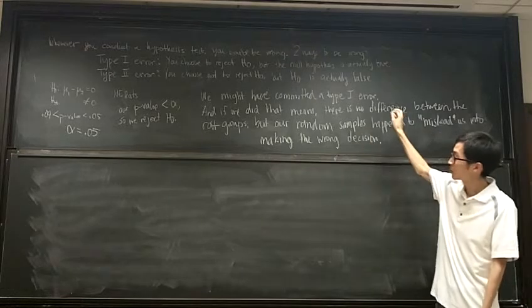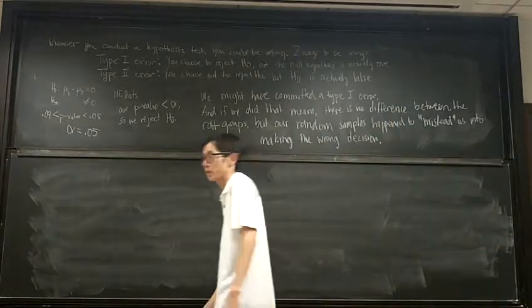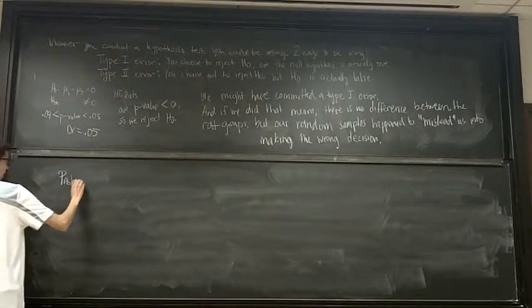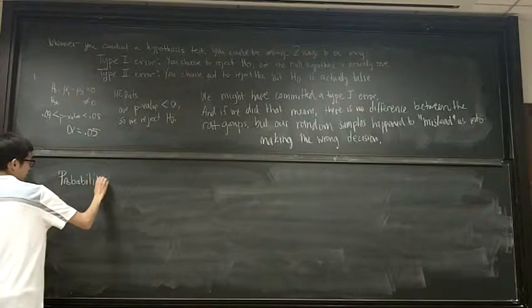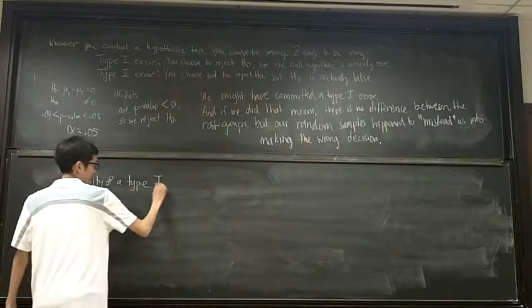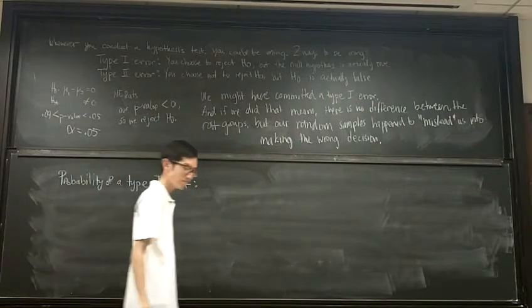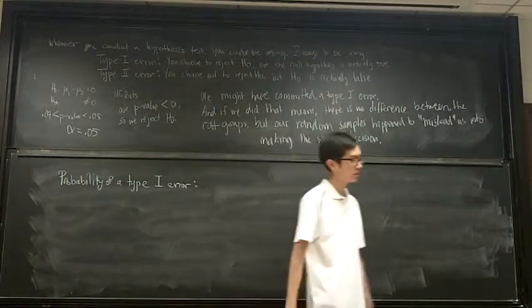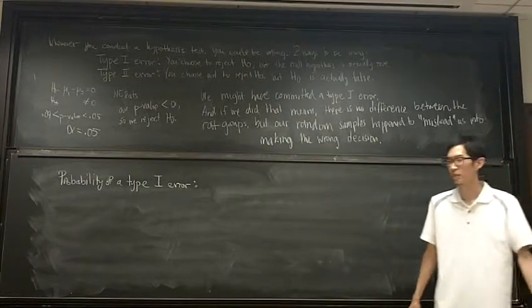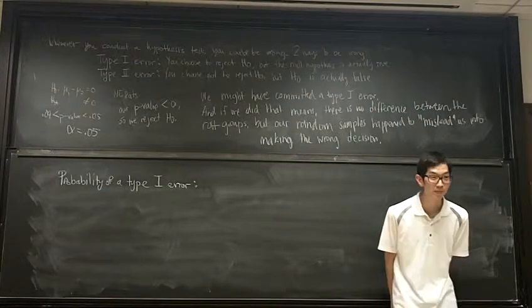All right. Well, what is the probability of a type 1 error in general? In any given hypothesis, what's the probability of committing a type 1 error?